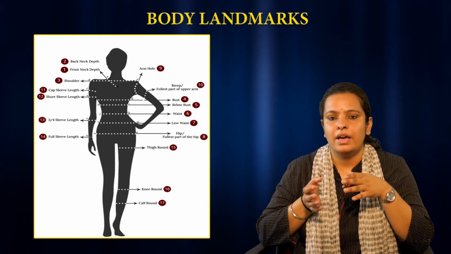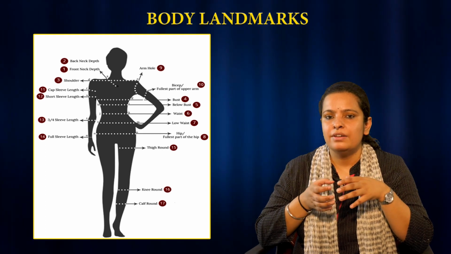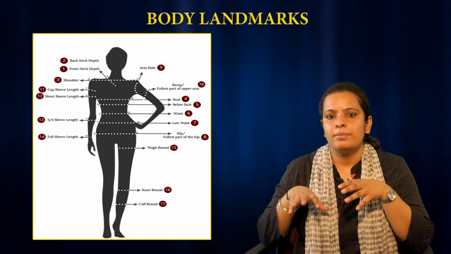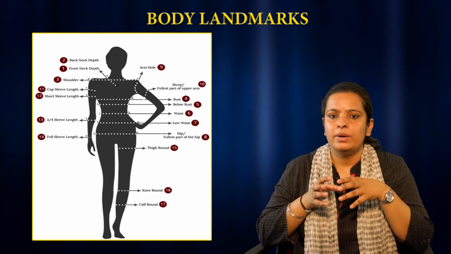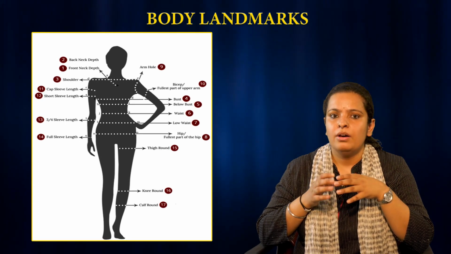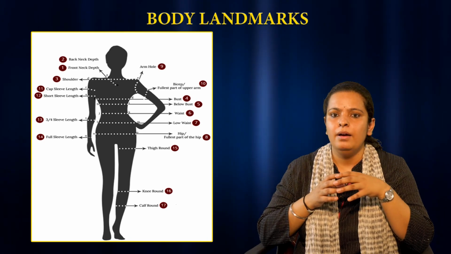When we have to take a measurement of a particular sleeve, we bend the arm and then take a measurement of that particular part also. Like when we take the wrist measurement, or from the shoulder to the elbow. All these types of measurement we take while creating a pattern. There are different body landmarks, in total 17 body landmarks we discussed.